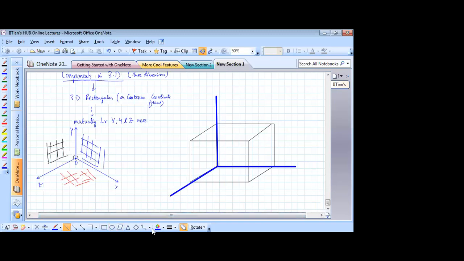You can see they are mutually perpendicular edges. These two are perpendicular, these two are also perpendicular, and on the floor these two are perpendicular. So this is our 3-dimensional coordinate system where x, y, and z axes are mutually perpendicular. Just make a note of this first, then we'll see how to write a vector in the 3-dimensional notation.